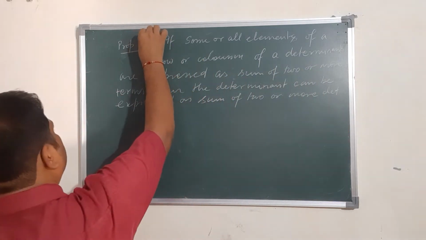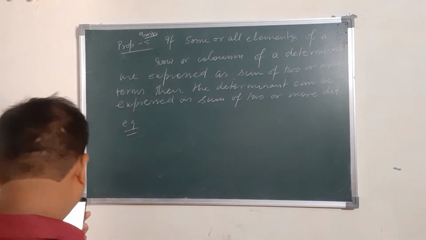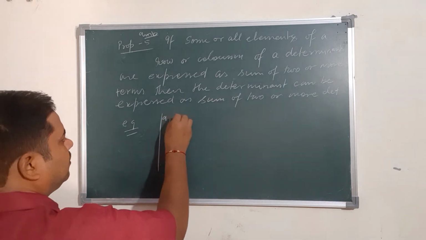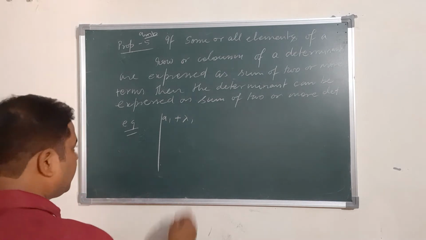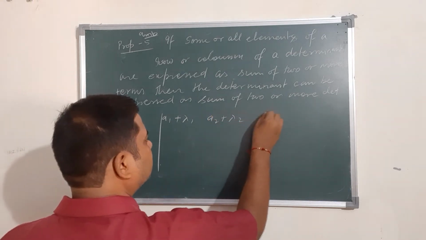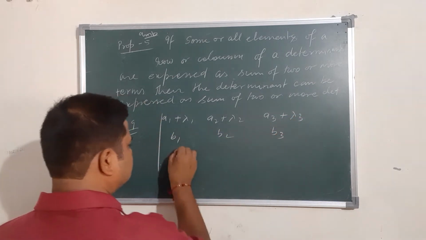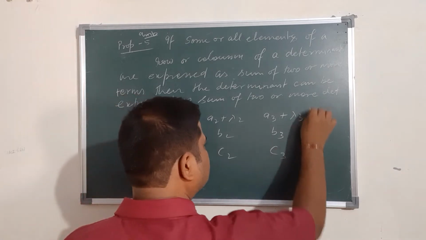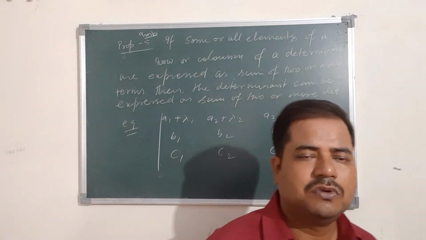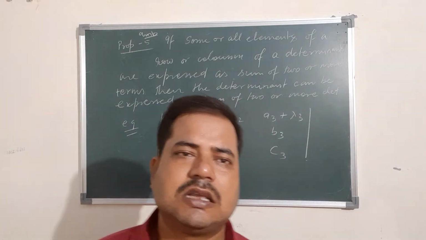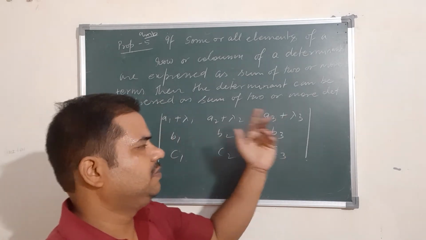This is also an important property. Please see, for example, if we are given a1 plus lambda 1, a2 plus lambda 2, a3 plus lambda 3, b1, b2, b3, c1, c2, c3. This is the determinant in which the first row is expressed as the sum of two elements, a1 plus lambda 1, a2 plus lambda 2, a3 plus lambda 3.